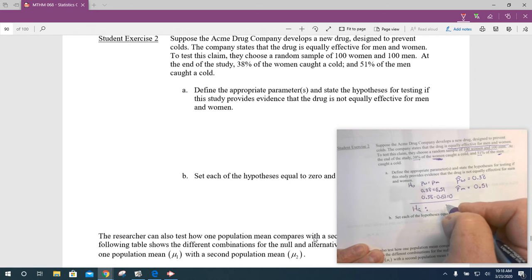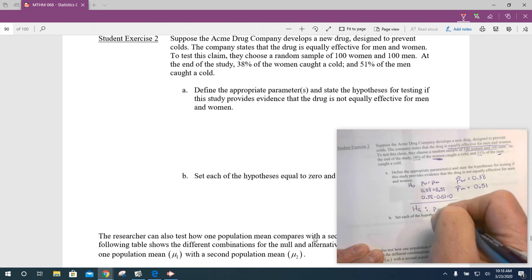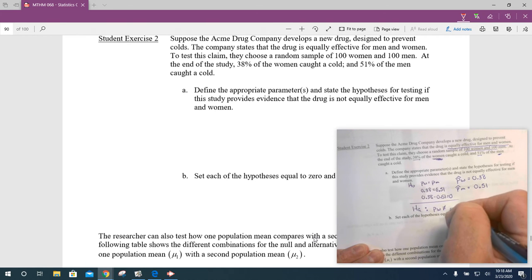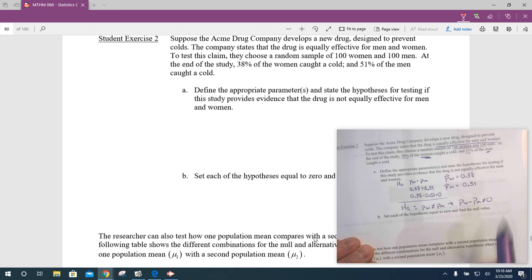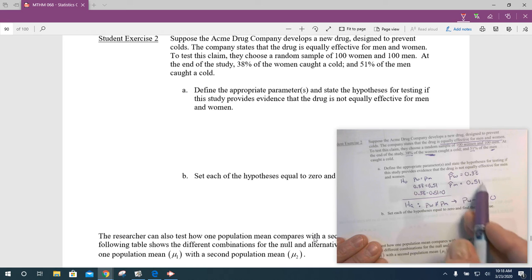H sub A says that the proportion of women is not equal to the proportion of men, which leads me to say the proportion of women minus the proportion of men is not equal to 0. All we're doing is defining the appropriate parameter and stating the hypothesis test for these. Taking it a little far by having numbers, but that's okay.